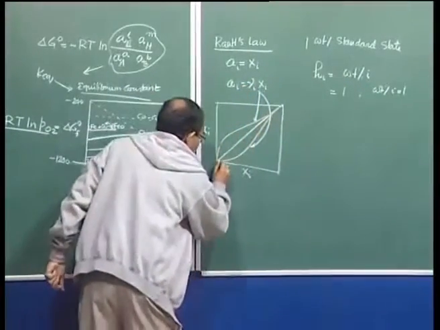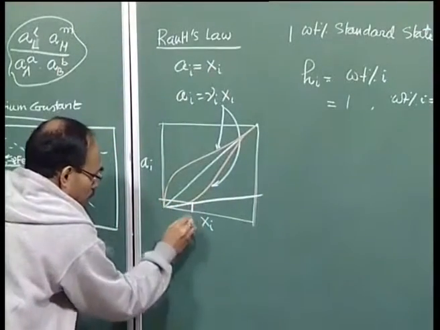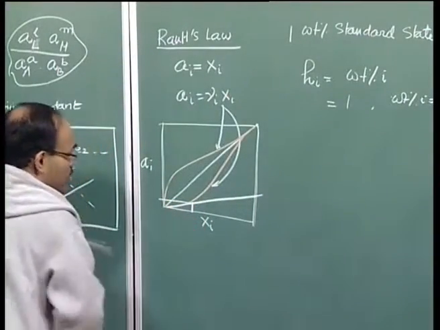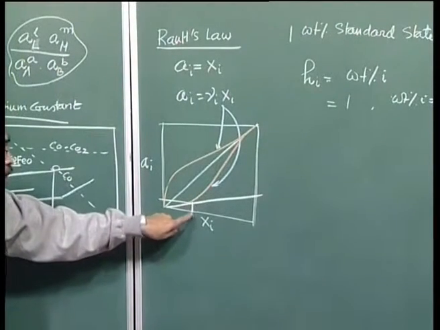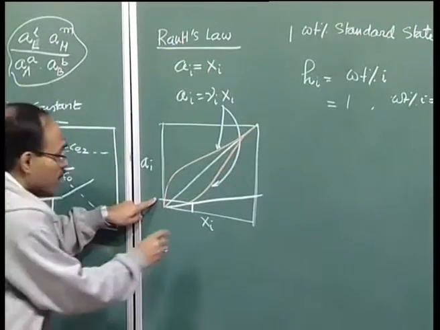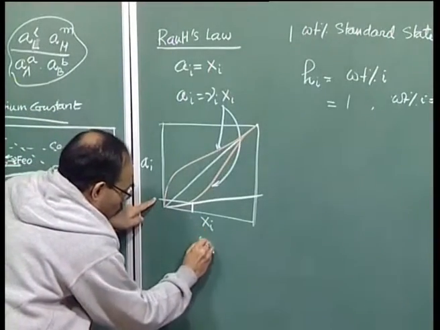So, this will essentially tell that this activity is equal to 1. So, this is mole fraction equal to 1 and this is activity equal to 1. So, this is 1 and this is 1. Or you can say it is not mole fraction, but weight percentage.